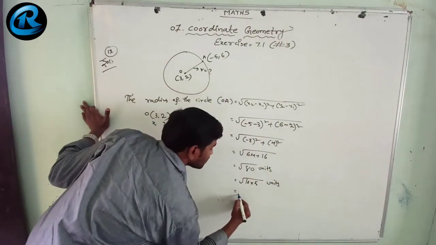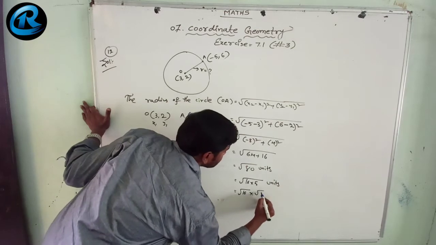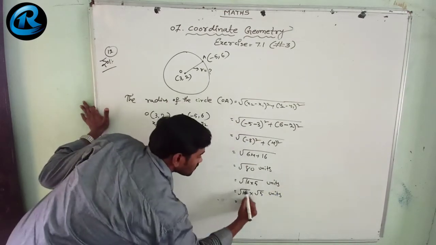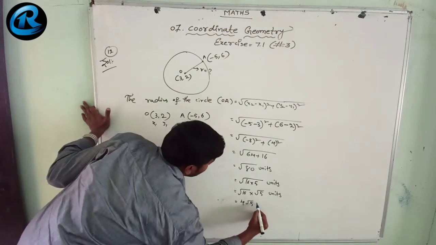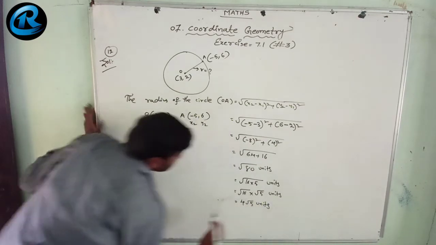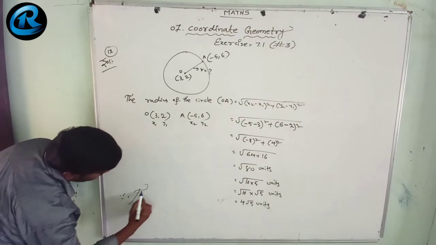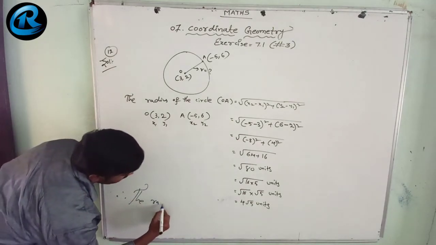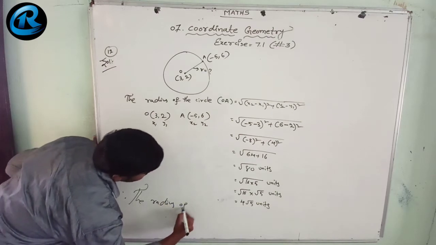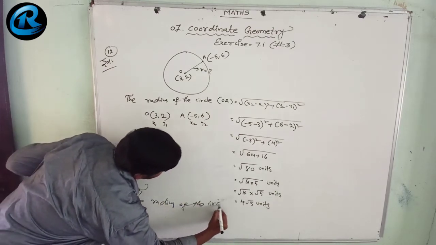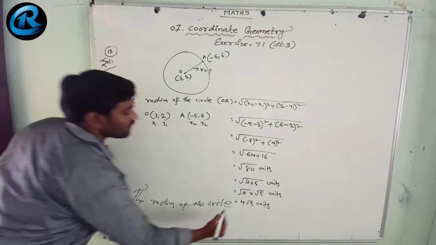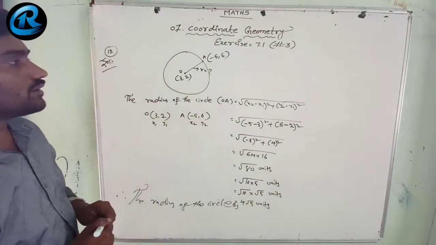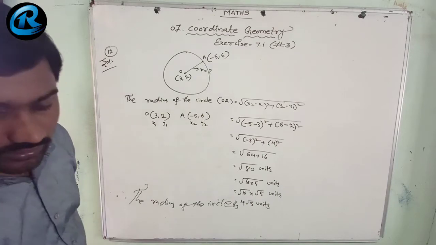So this can be written as root 16 into root 5 units. So root 16 value is 4, root 5 units. Therefore the radius of the circle is equal to 4 root 5 units.